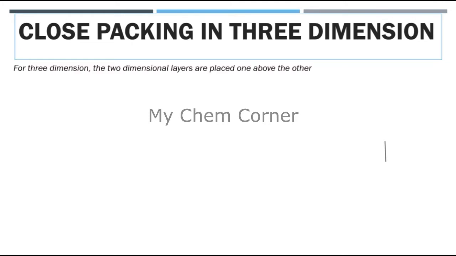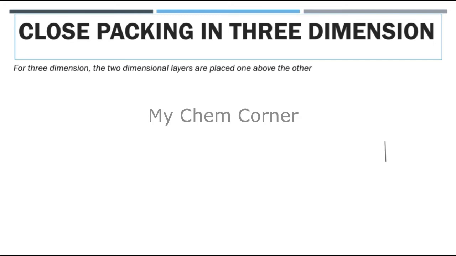Now for a 3-dimension close packing, the 2-dimensional layers are placed one above the other. So, for example, I'm going to take my 2 dimension that I just learnt and stack them one above the other.